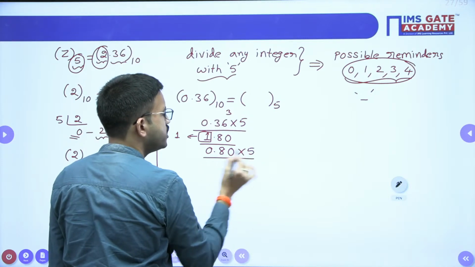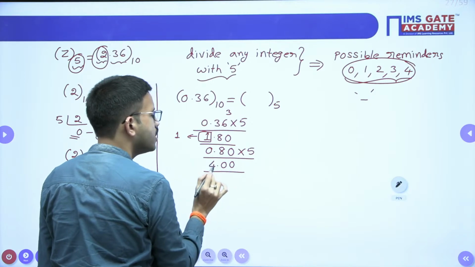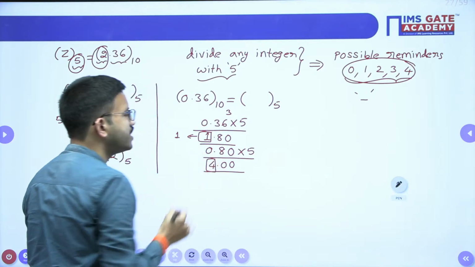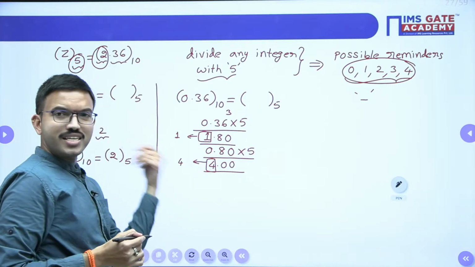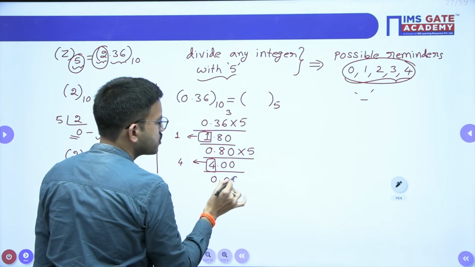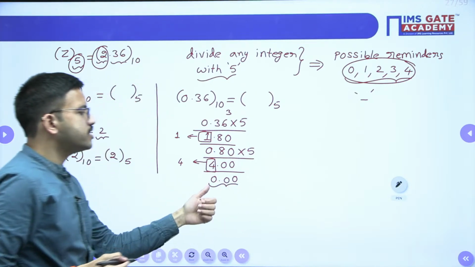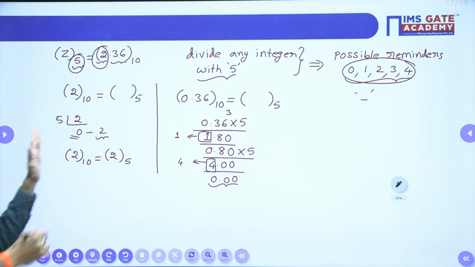So 0.8 into 5 is nothing but 4.00. In this case, to the left of the radix point, you are having integer as 4. Just take this integer 4. The moment you take integer 4, the digit value will become 0. So in this case, all the digits are zeros, you can stop the process. Just like in division, the moment you get quotient as 0, you can stop the process.